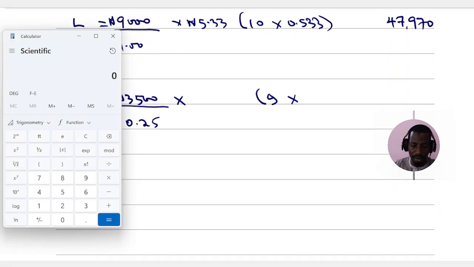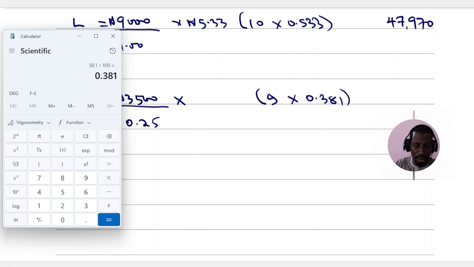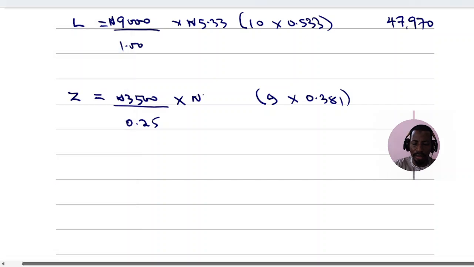So 38.1 divided by 100, that's 0.381. So 0.381 multiplied by 9 equals 3.429.